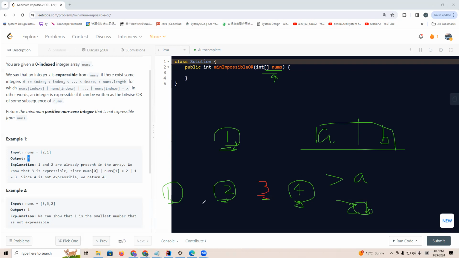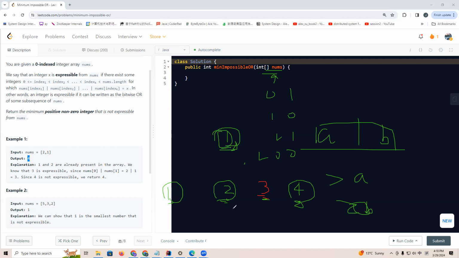And for the previous numbers, 1, 2, 3: 1 is 0 1, 2 is 1 0, and 3 is 1 1. And 4 is 1 0 0. You'll see we can use any of the combinations.